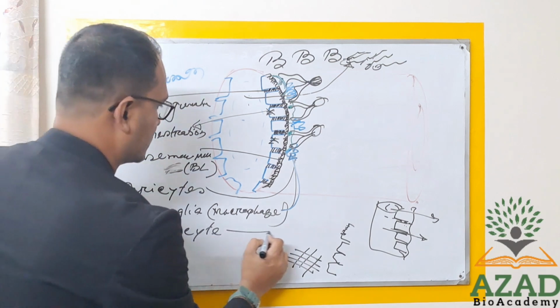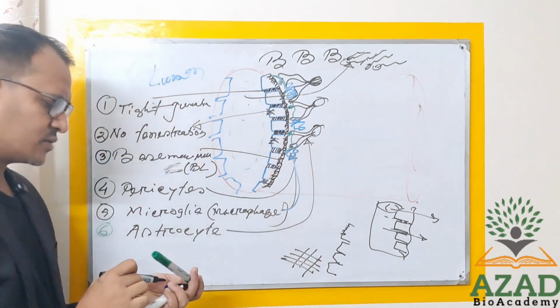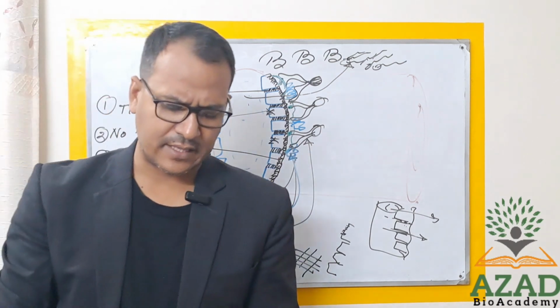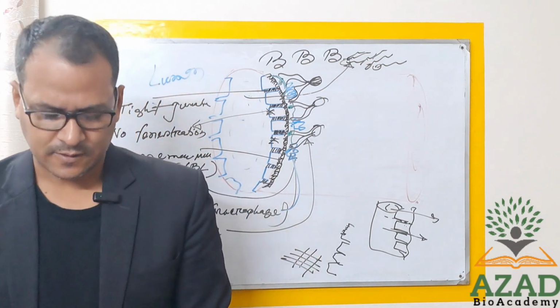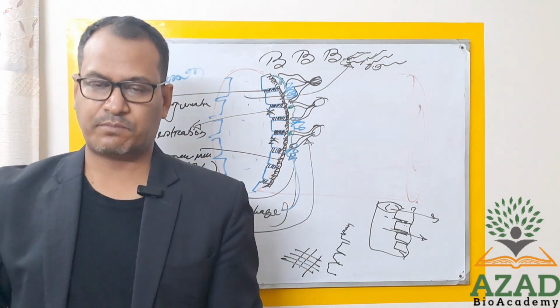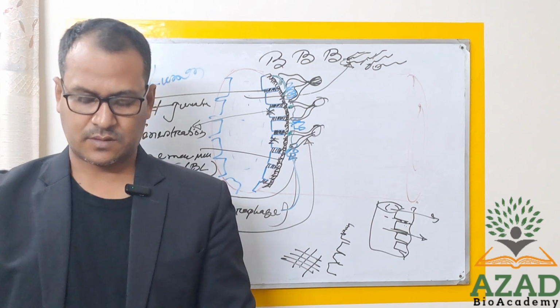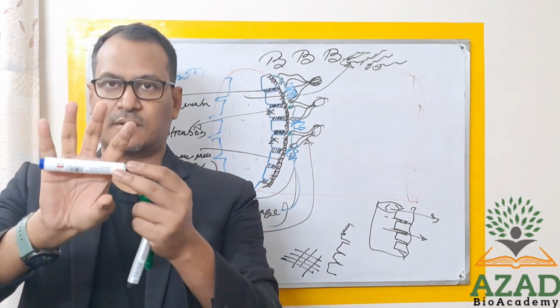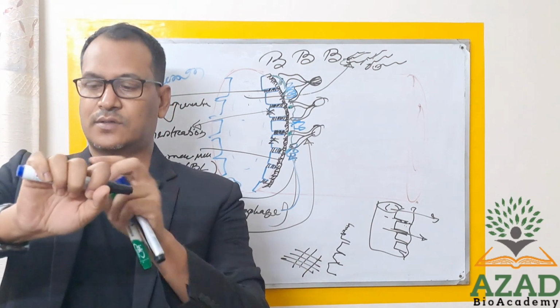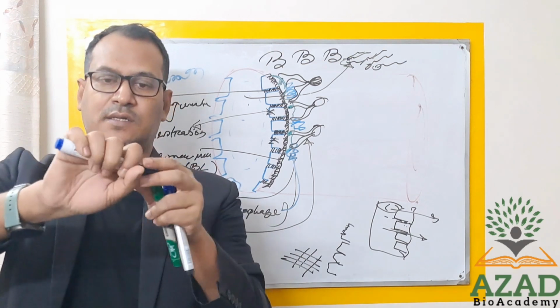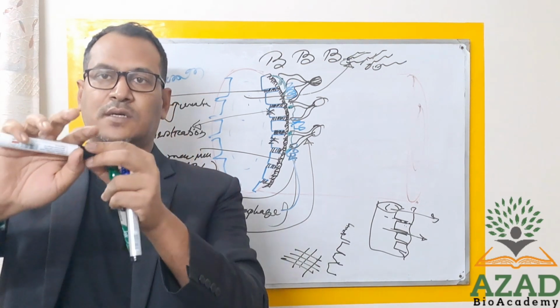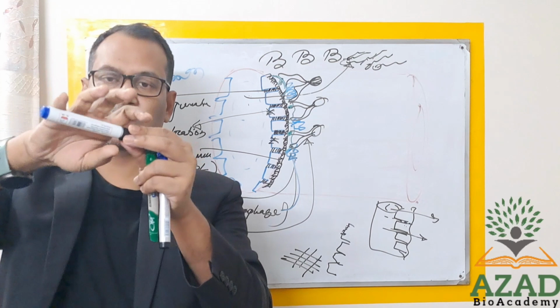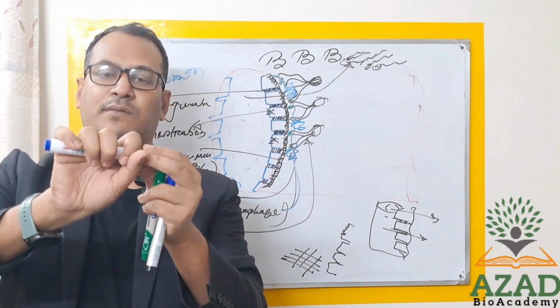So astrocytes are just like, if I try to capture this pen in that way. This is an astrocyte, and these are the feet of the astrocyte, and it will wrap up the blood capillaries.